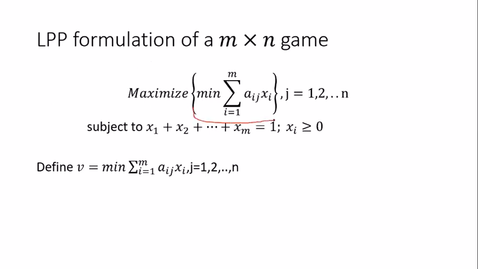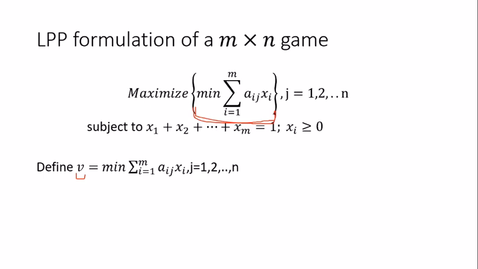Whatever is in the bracket, I need a replacement for it in terms of a linear function. So I'm just calling it another variable v. Why am I calling it v? Because ultimately, whatever the value of the objective function is going to come, that is going to represent the value of the game, because these are payoffs and you take minima and then you choose the maxima of that.